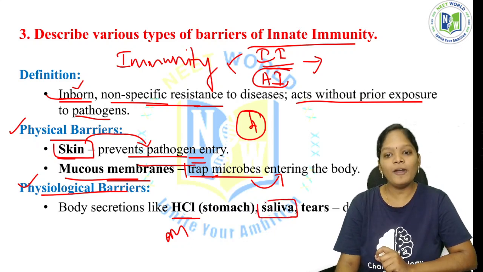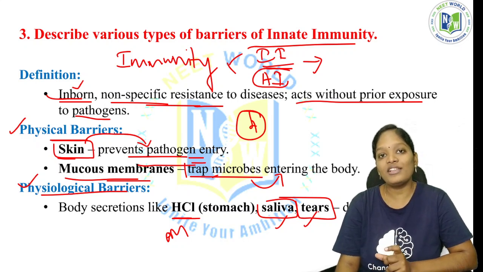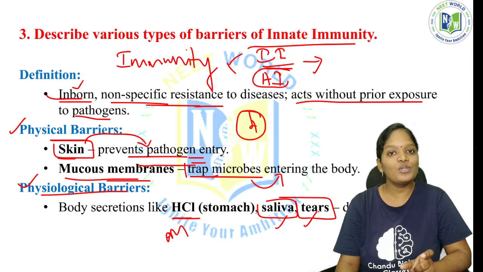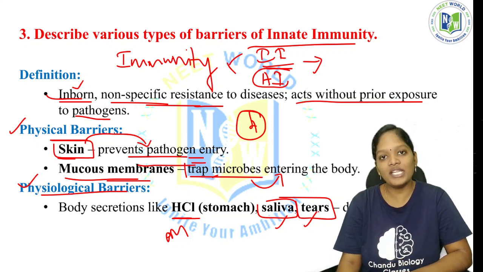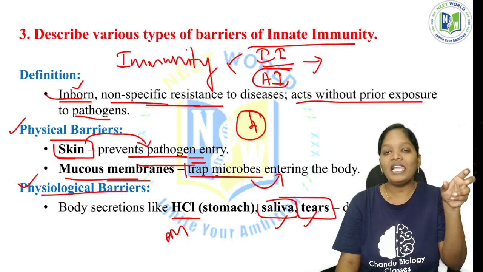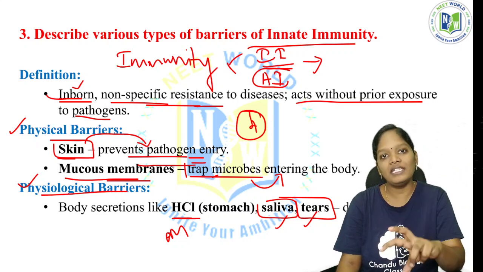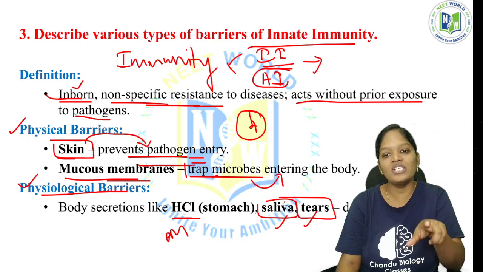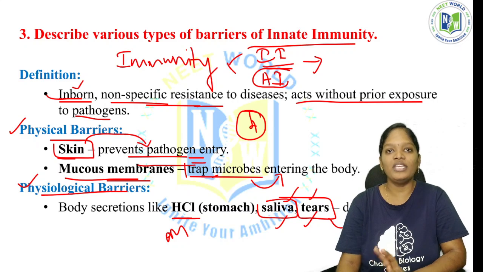Also, in saliva and tears we have an important enzyme called lysozyme. It is not lysosome. Lysosome is a cellular organelle, which we call a suicidal bag. That is different. Lysozyme is an enzyme with antimicrobial activity present in secretions like saliva and tears. They are involved in destroying the microbes.